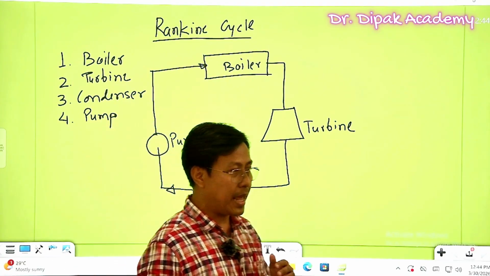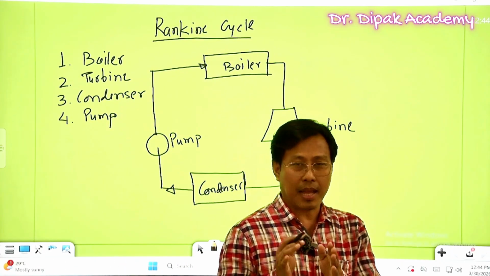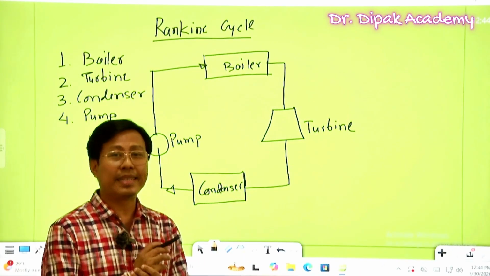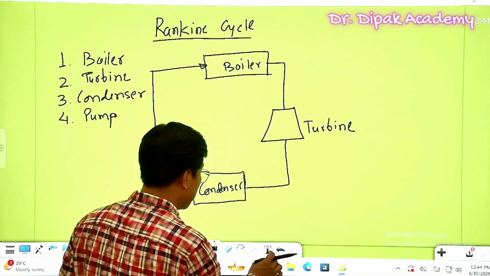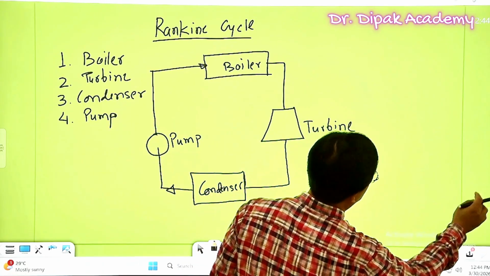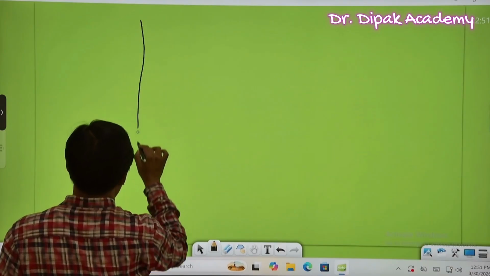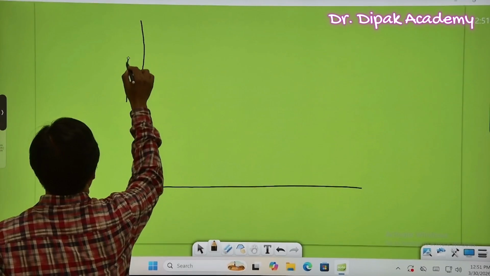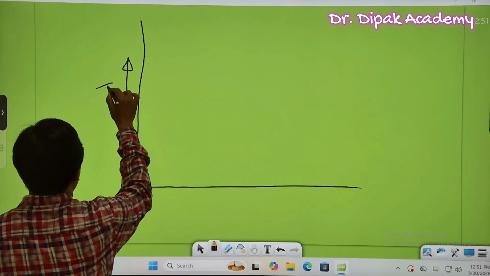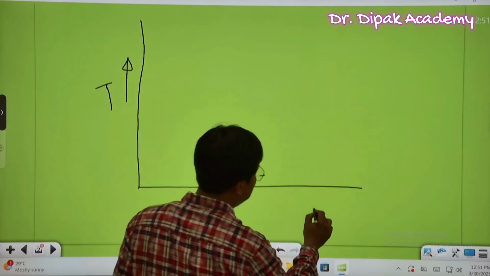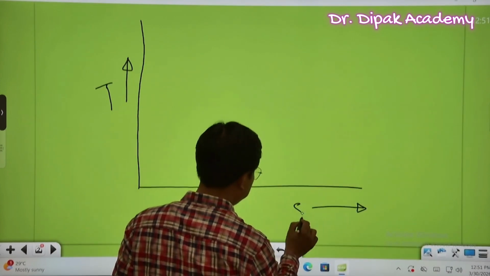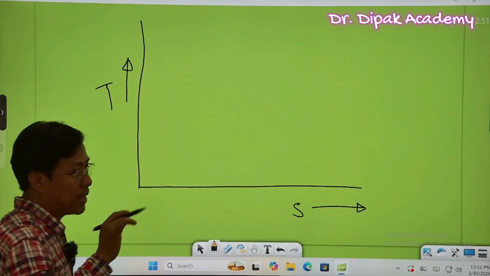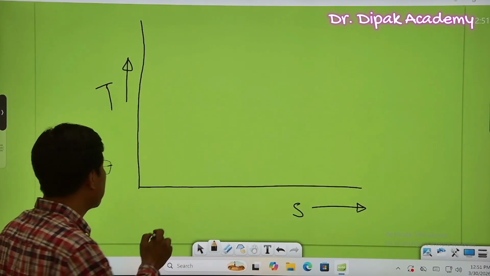We can have a better thermodynamic understanding of this Rankine cycle by drawing the TS diagram. So let us draw the TS diagram. This side it is temperature T, and that side it is entropy S. First we'll start by drawing the saturation curve.